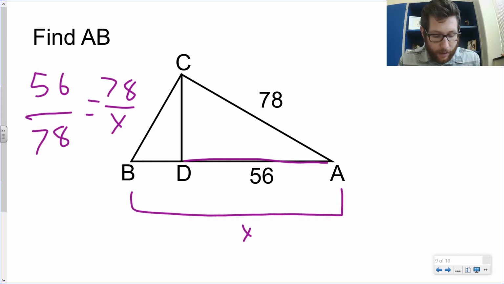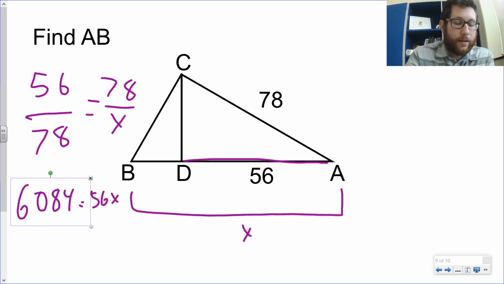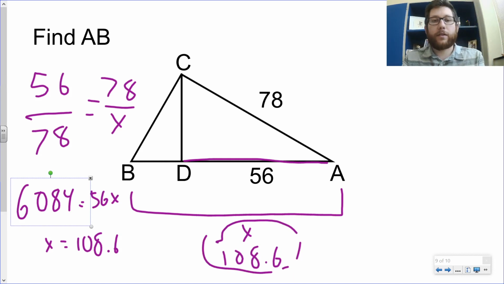And I'm not going to try and do that one in my head. 78 times 78, 6,084 is equal to 56x, and then let's divide that by 56, and I get x is equal to 108.6. And that would be my distance here for x, 108.6.